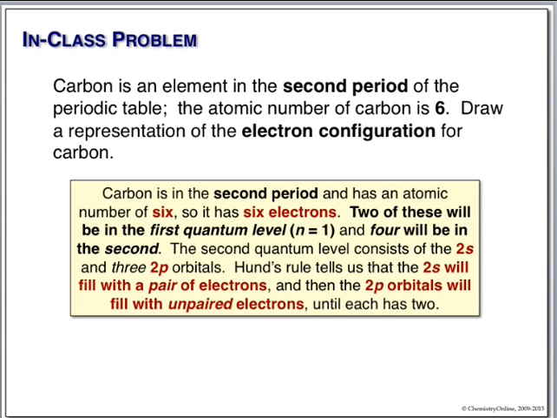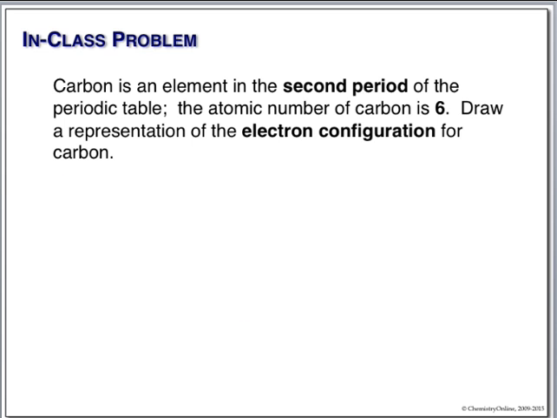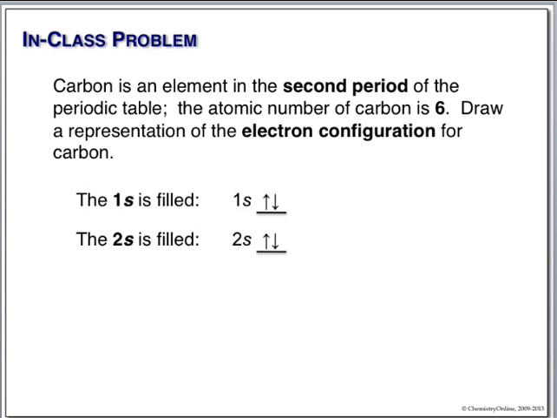Remember, Hund's rule says that we have to put these things in one at a time, and they will go in with the same spin, and then they will pair with opposite spins. So, doing the configuration, we would start with the 1s, and it's full. 1 up, 1 down. Our 2s is also filled. 1 up, 1 down.